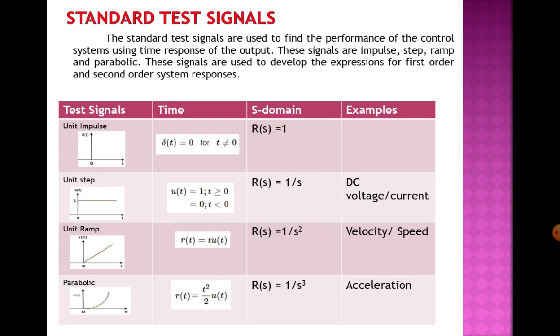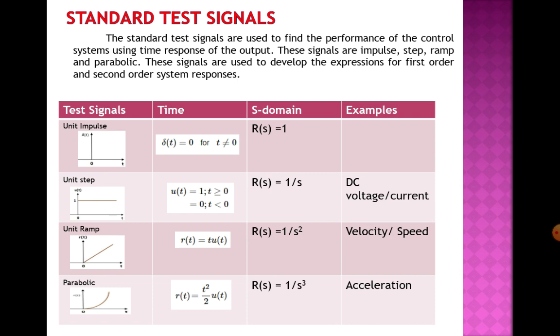So next we will discuss the standard test signals. The standard test signals are used to find the performance of the control system using the time response of the output. These signals are impulse, step, ramp and parabolic. These signals are used to develop the expressions for first order and second order system responses.